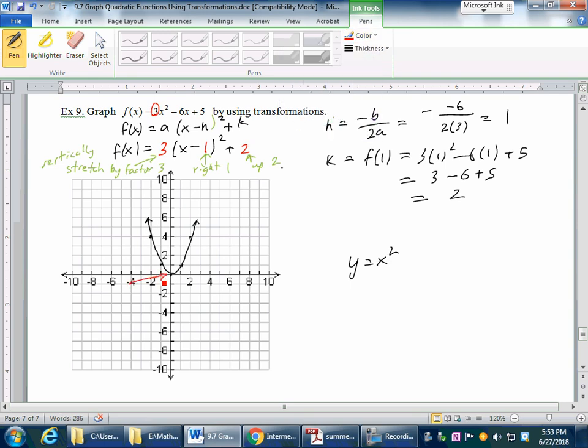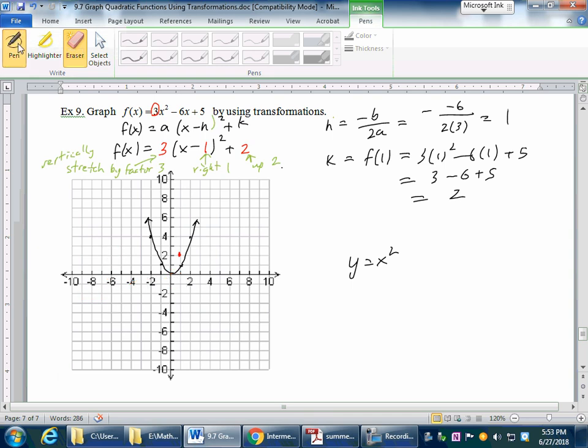First point right here is (0, 0). Since we are stretching by a factor of 3, I'm multiplying the y value by 3. So 0 times 3 is 0. So this point isn't changing anywhere. Now I'm going to shift it to the right 1 unit, which is right here, and then up 2 units, so it ends up right there. So that's my transformation for the first point.